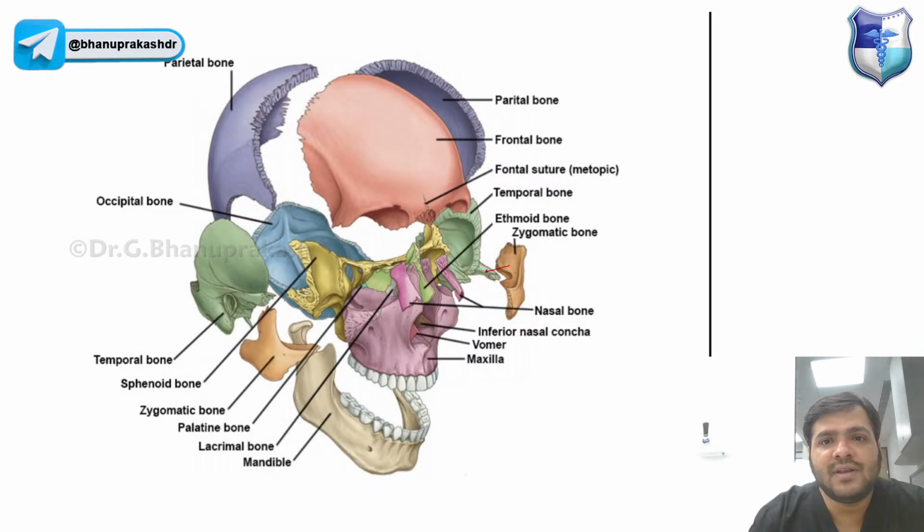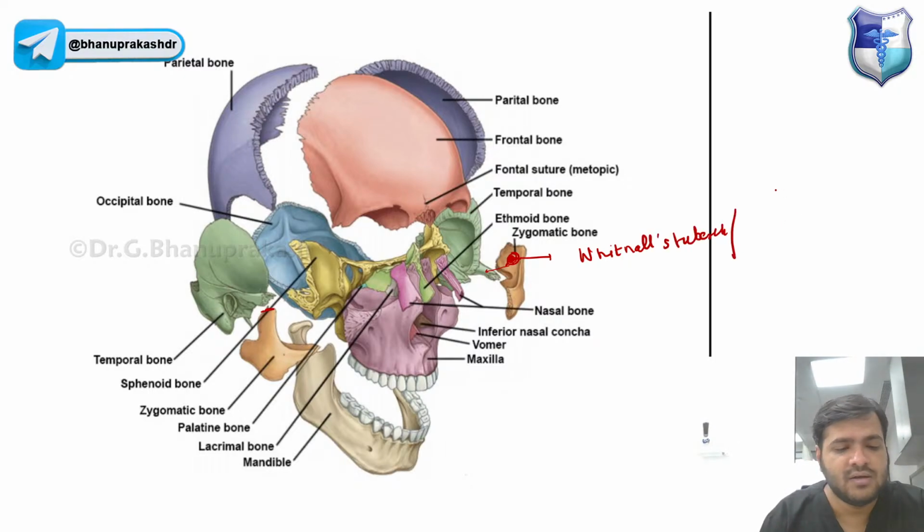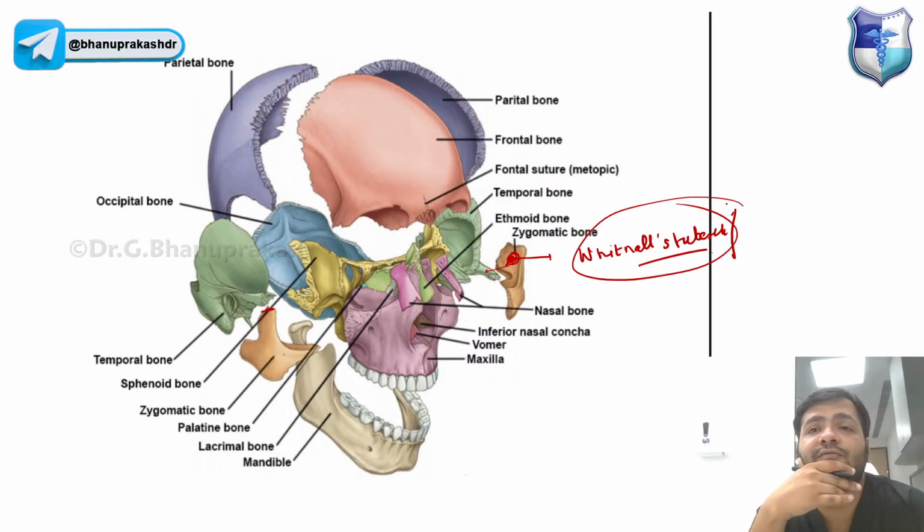There will be a very small tubercle near the orbital margin, about 1 centimeter just below the frontozygomatic suture, and that tubercle is called Whitnall's tubercle. Very important. It is also called the frontozygomatic tubercle. You should remember it is just 1 centimeter below the frontozygomatic suture in the orbital surface.